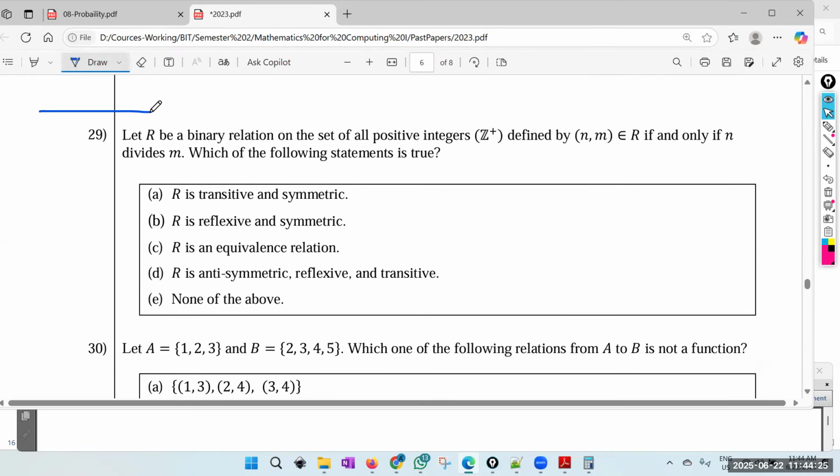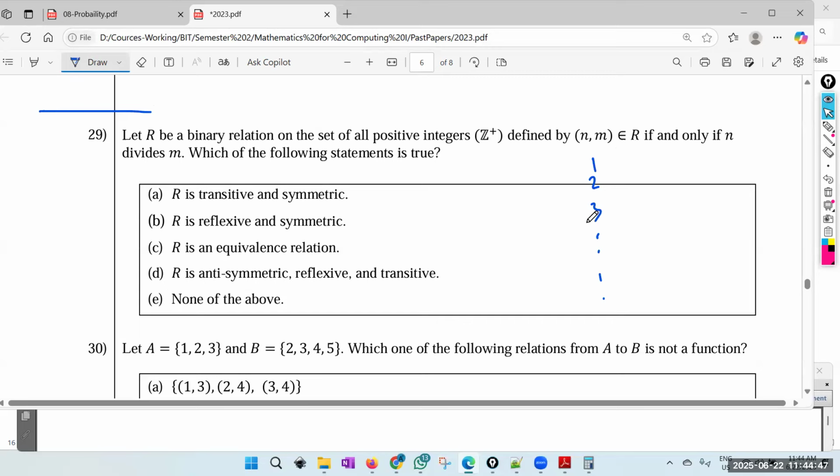Right. 29. Let R be a binary relation on the set of positive integers, that is 1, 2, 3, 4, and so on. Define on N to M real numbers if and only if N divides M. Right?